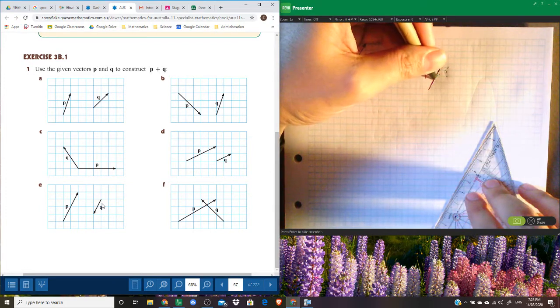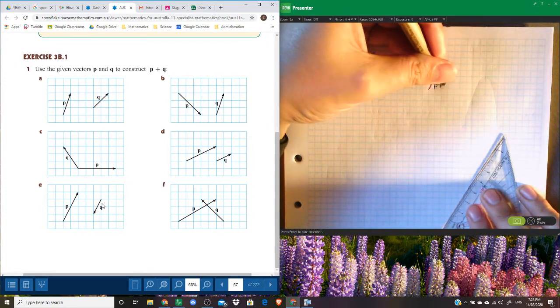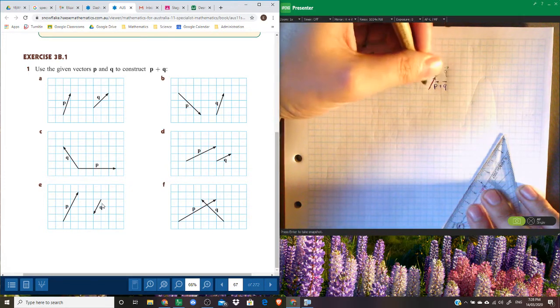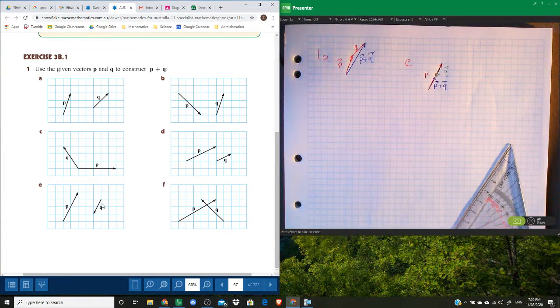So you go from the start of the first to the end of the second. So P plus Q is that little vector going up there. And that shouldn't come as any surprise to those who've done physics. If you've got vectors traveling in opposite directions, or vectors that have components in opposite directions, adding them will result in a smaller value. So yes, adding vectors can get smaller numbers. And that's what we saw here.